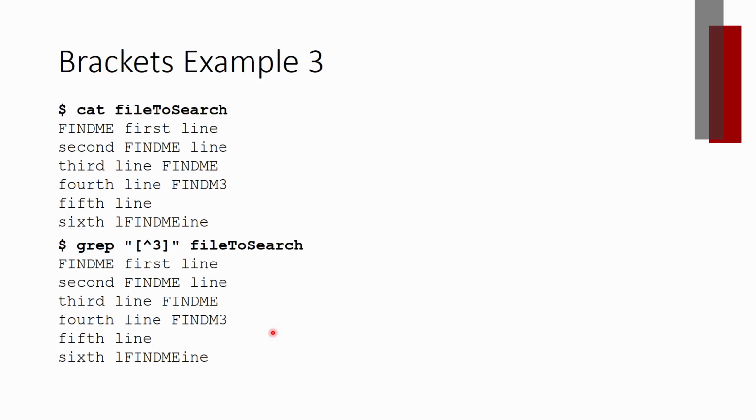This example is saying find in the input, which is the file to search, any pattern where in that string there are characters that are not a 3. So we have the fourth line get returned, even though it has a 3 in it. The reason is because there are lots of other characters on this line that aren't 3, which cause the pattern to successfully match that entire line, and it's returned by grep. So a little bit complicated there.